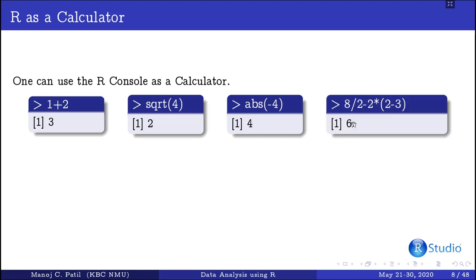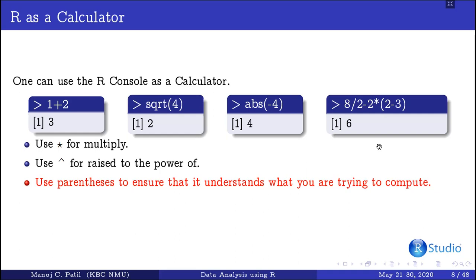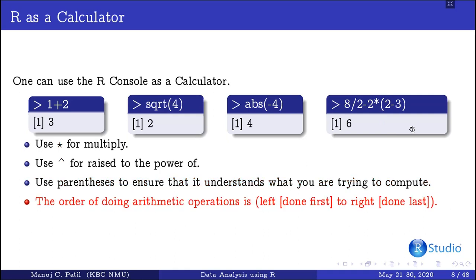We can use division, subtraction, multiplication, addition, and raise to power. We can use parentheses, brackets, to make clear what we are trying to compute. The order of arithmetic operations is the same as PEMDAS, what we have used in mathematics.